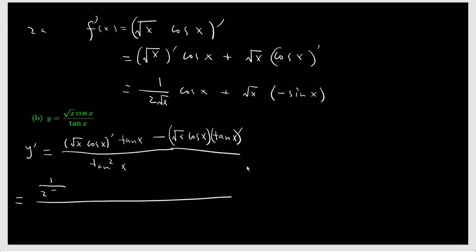It's a little ugly now. Okay, 1 over 2 square root of x, and then times cos of x, and then plus square root of x, right? And then times negative sine of x.